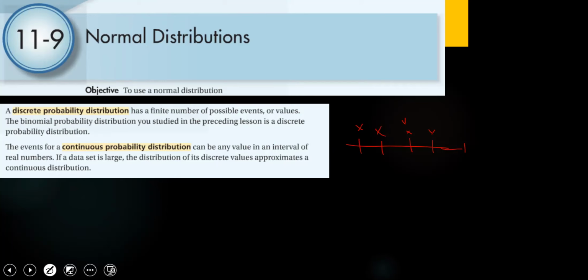I will not ask you at exactly 3, but if I told you probability of at least 2, you will tell me probability of 2 plus probability of 3 plus probability of 4. So you deal with discrete numbers, 2, 3, 4. But in continuous probability distribution, or in normal distribution, you deal with the interval.